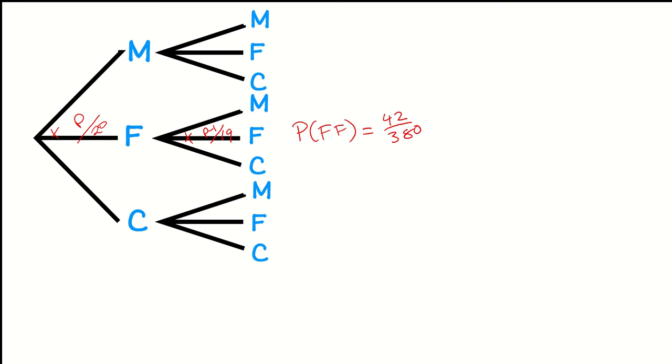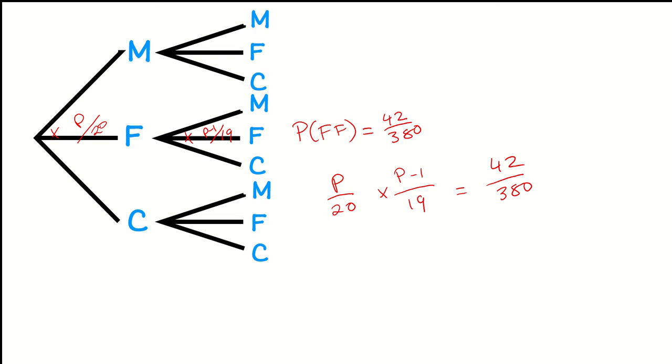So we actually have an equation that we can form. We can say P over 20 times P minus 1 over 19 is equal to 42 over 380. And now this is what we need to go and solve.